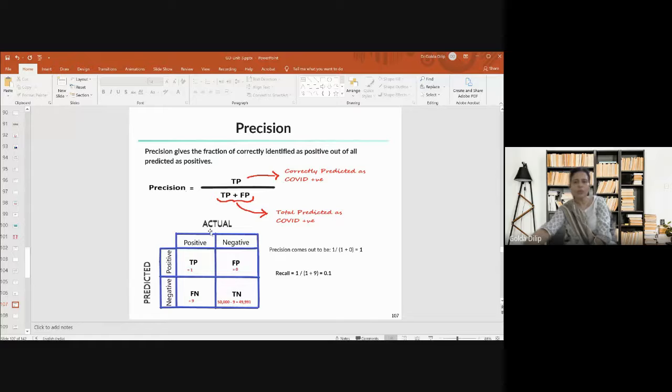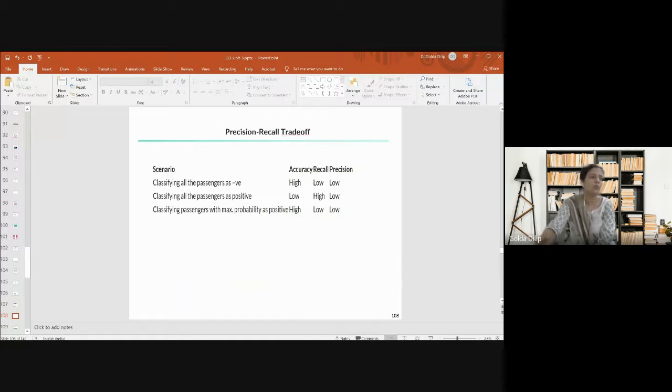If you compute the precision in that case, it turns out to be 1. So precision is good, but the recall value for one passenger turns out to be 0.1. Precision is good but recall is low here. It all varies from situation to situation. That's what I wanted to tell you.